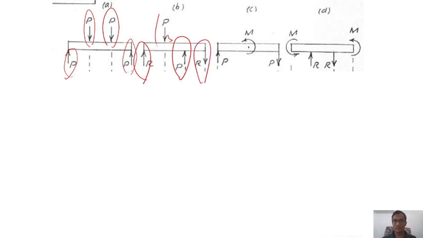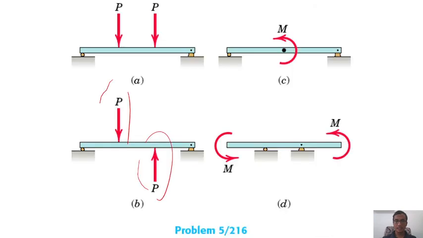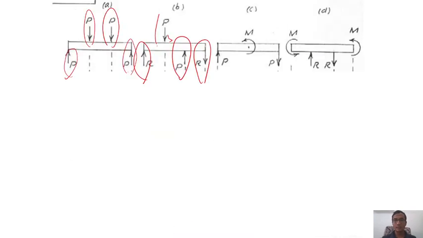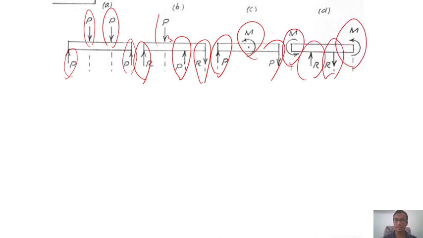Then at C is just a moment, one moment in the middle, like this. Our reaction force will be like this. At D, two moments at both edges, and our reaction force will be like this.